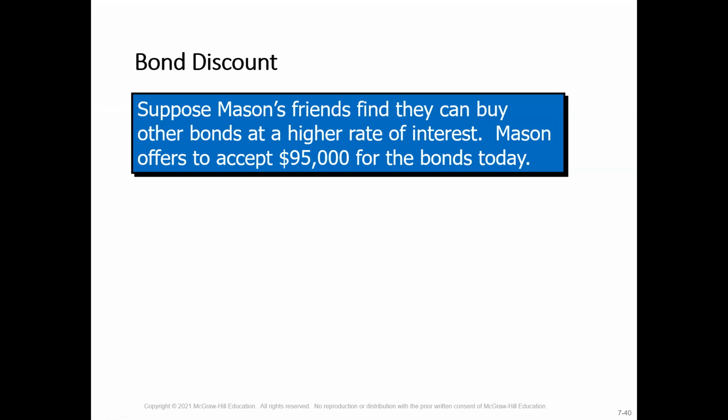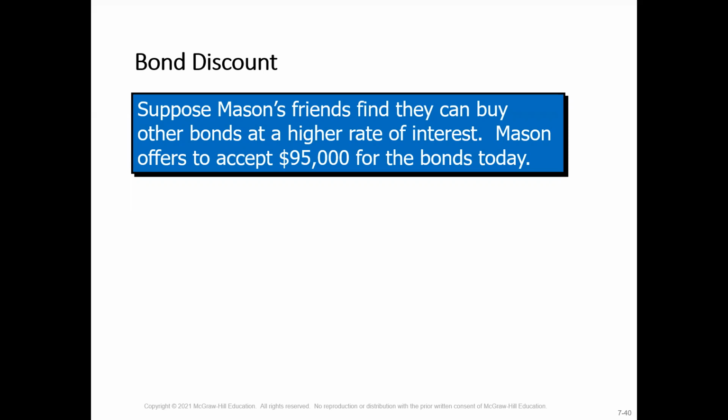So that actually gives those bondholders an additional $5,000 of interest income over the life of them. So Mason, desperate, says, okay. So this is a bond issued at a discount.